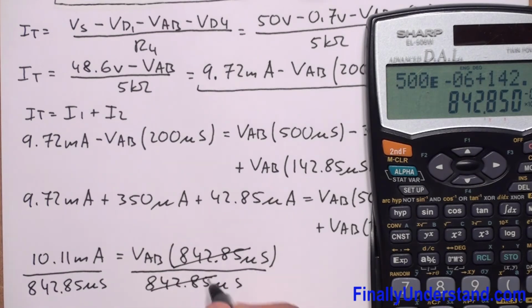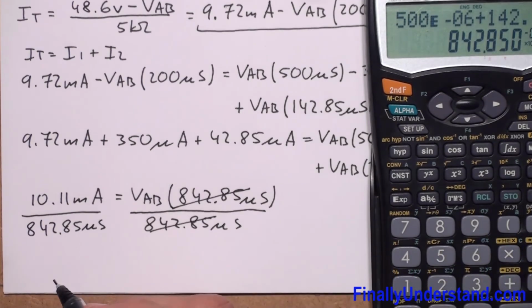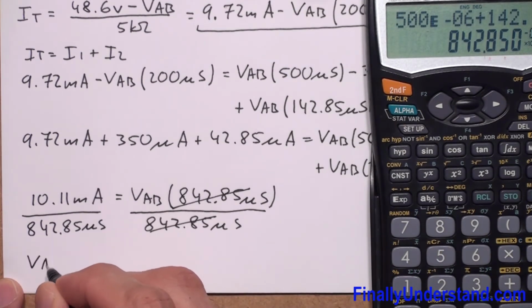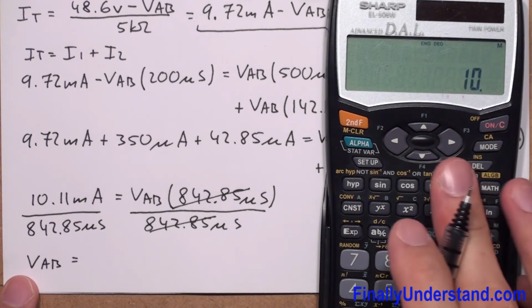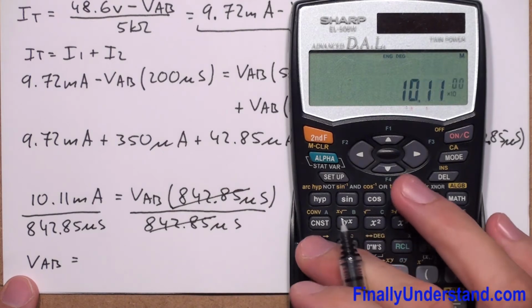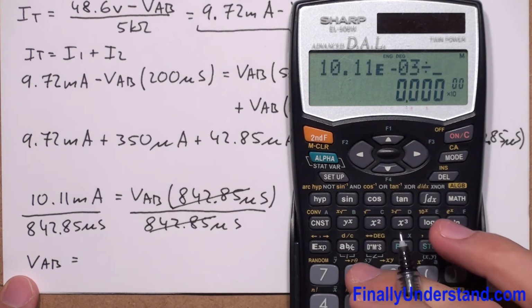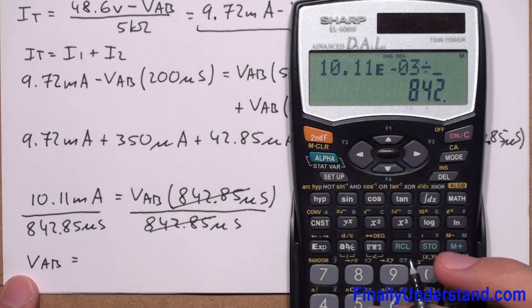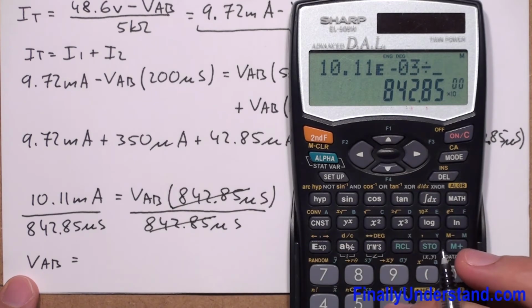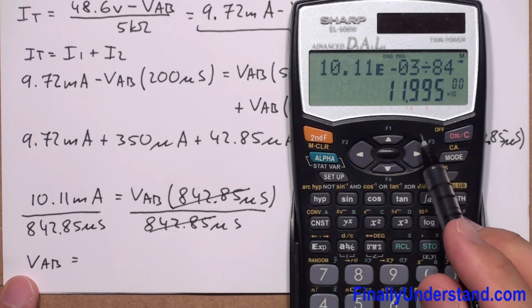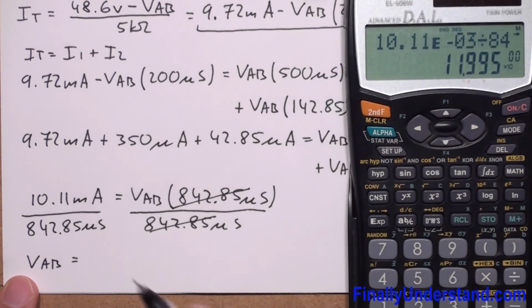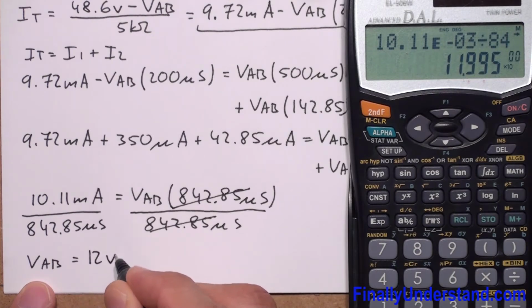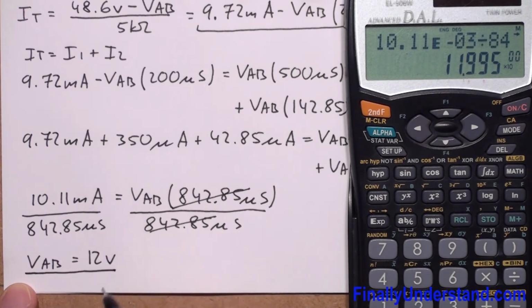So this and this will cancel out, and I have VAB equals 10.11 exponent 3 negative divided by 842.85 exponent 6 negative, which is 11.99 volts. Okay, so we can say this is approximately 12 volts. So this is my VAB.